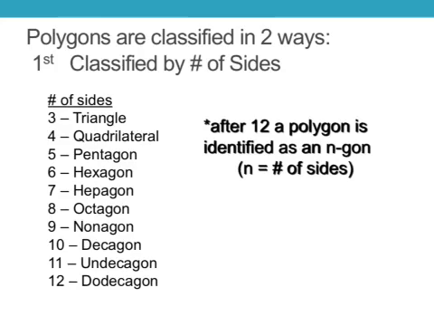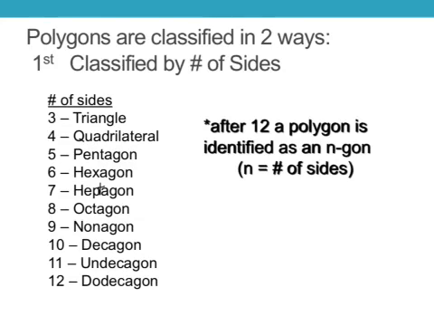3 sides are called triangles, 4-sided figures are called quadrilaterals, 5-sided figures are called pentagons, 6-sided figures are called hexagons, 7-sided figures are called heptagons. Hepta, there should be a T in there.